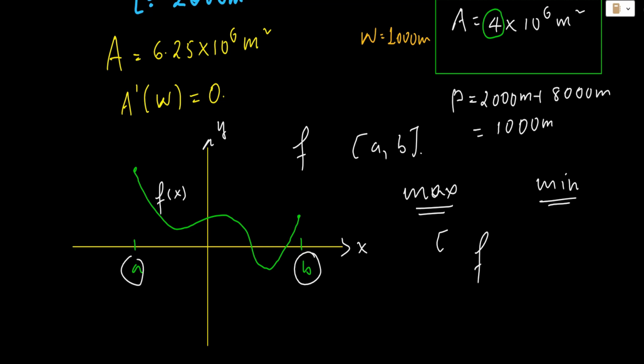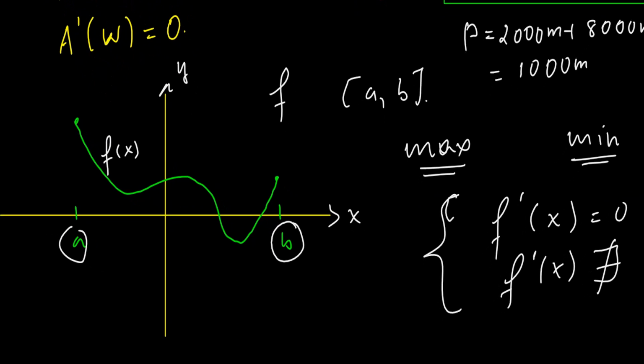The critical points are the points where the first derivative of the function is 0 or where the first derivative doesn't exist.